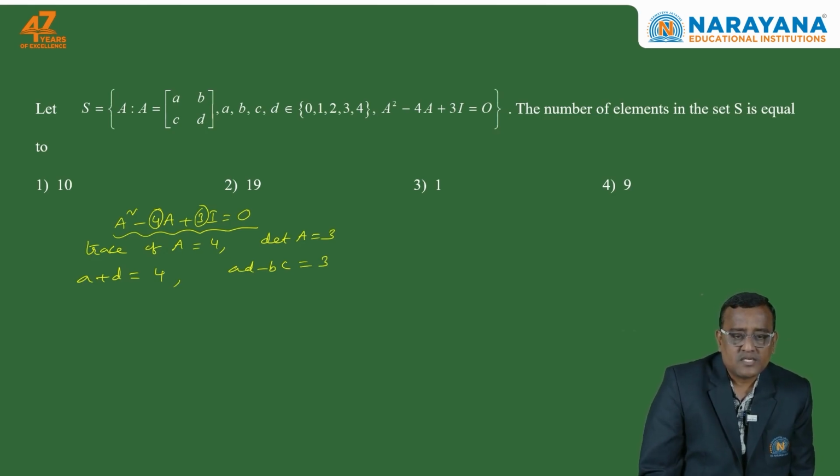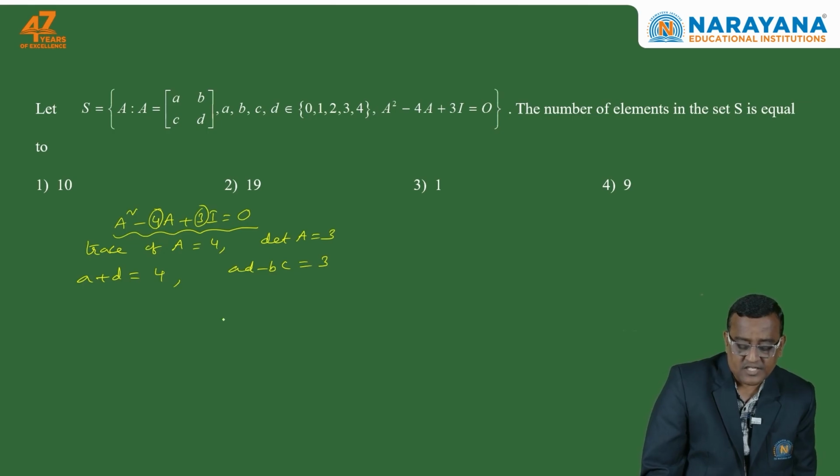Now we want the possible a, b, c, d values satisfying these two equations, and a, b, c, d are selected from this set 0, 1, 2, 3, 4. Now this is a, this is d.